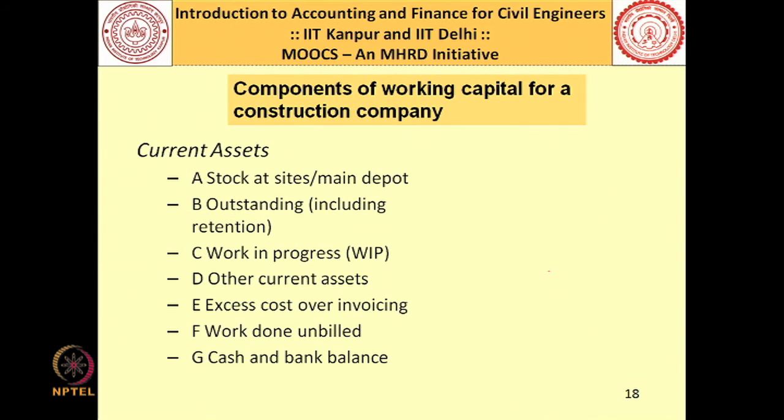When it comes to a construction company, there are different types of current assets that the company employs. For example, it has different types of stocks at sites as well as the main depot. Then its assets consist of outstanding amounts, including retention.